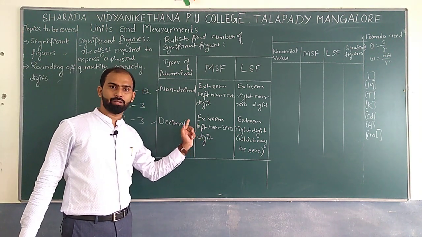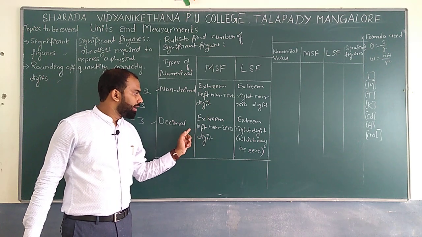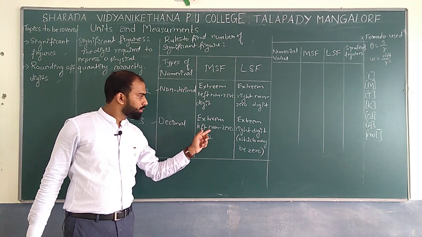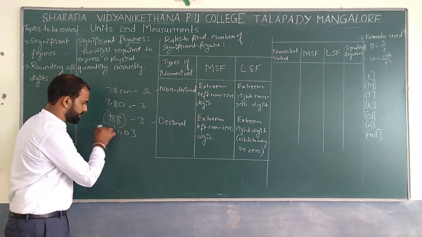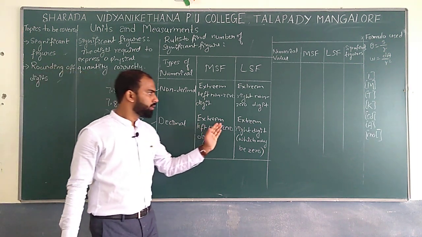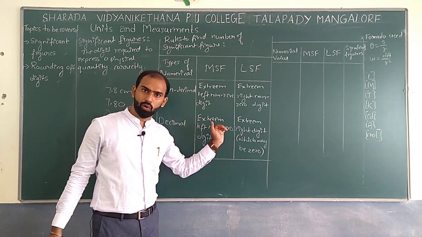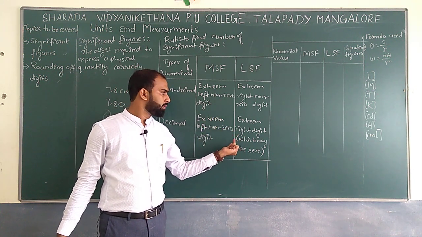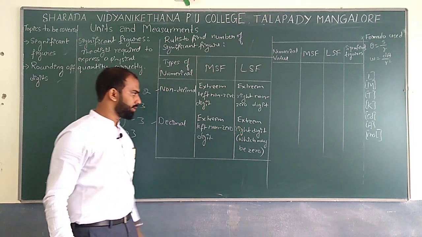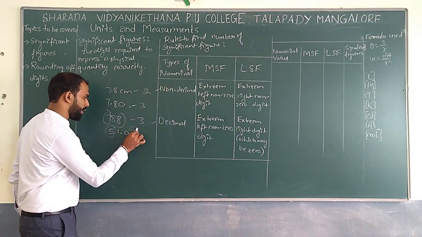It is the extreme left non-zero digit. And how to check the LSF value of this particular value? That is the extreme right digit.